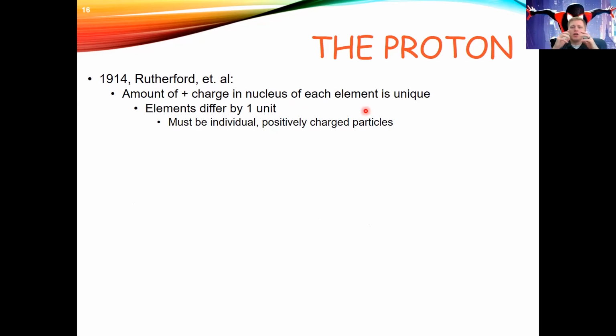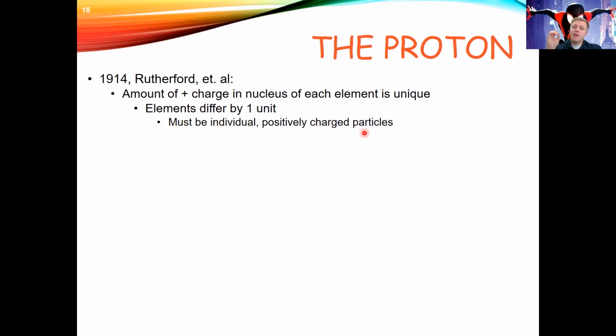So the difference in charge between carbon and nitrogen was 1. So carbon had 6 charges, nitrogen had 7, the next element had 8, the next element had 9.